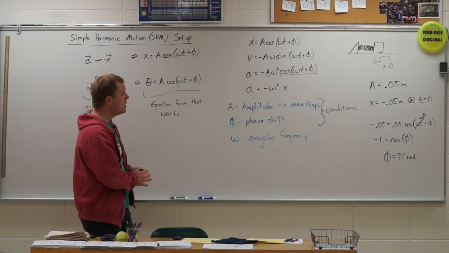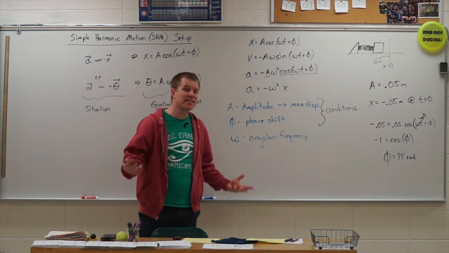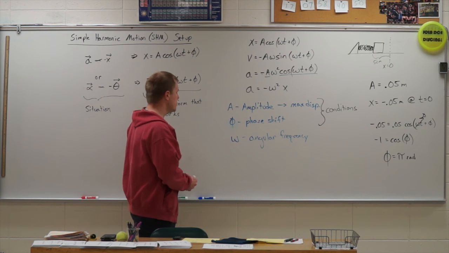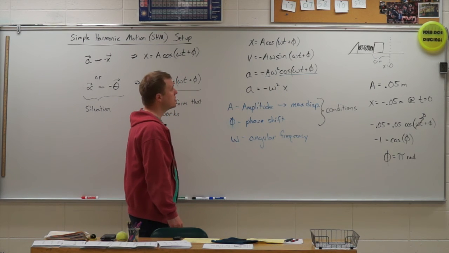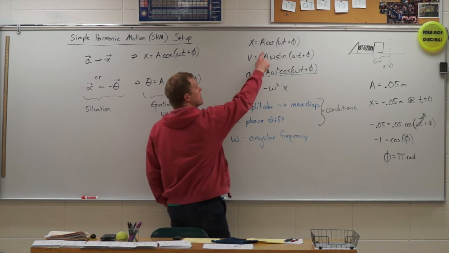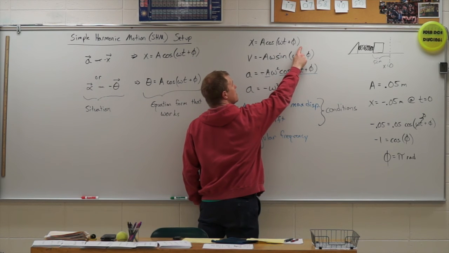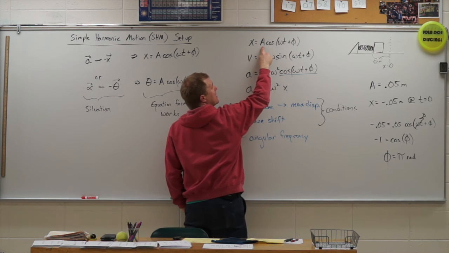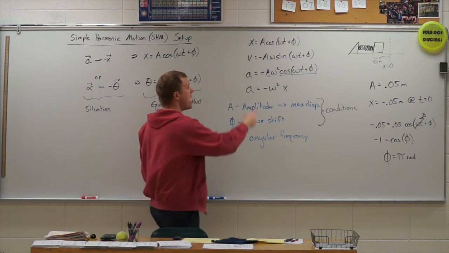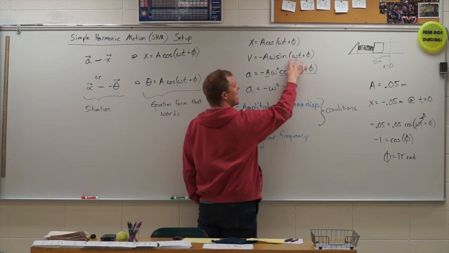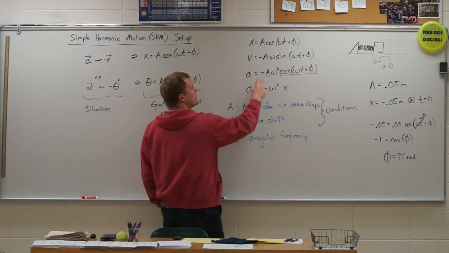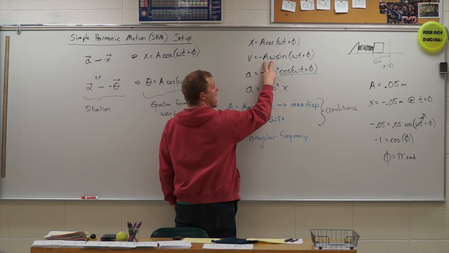Another one that pops up is if you want to find a maximum acceleration or a maximum displacement, and you can think about those maximums occurring when the cosine of omega t plus phi is just 1. So the maximum x is A. The maximum velocity occurs when the sine of omega t plus phi is 1 or negative 1, and so the maximum velocity is A omega.